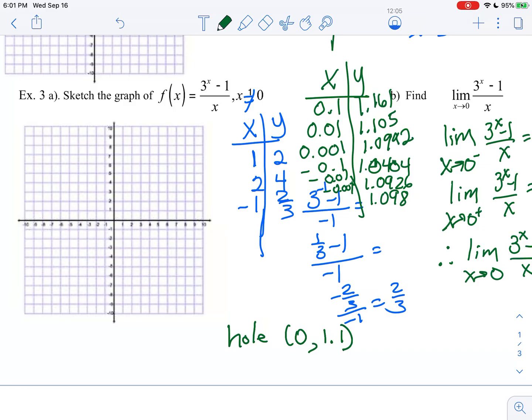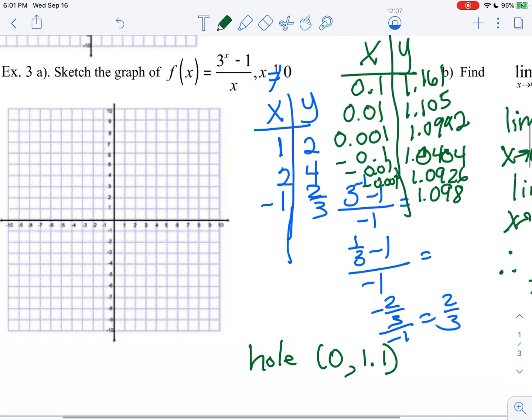So watch what I'm going to do. I'm going to plot 1, 2. Here's 2, 4, but at 0, I have a hole at 1.1. At -1, it was 2/3. And if you have a graphing calculator, you could pop that on there, because it does look like I have a horizontal asymptote there.